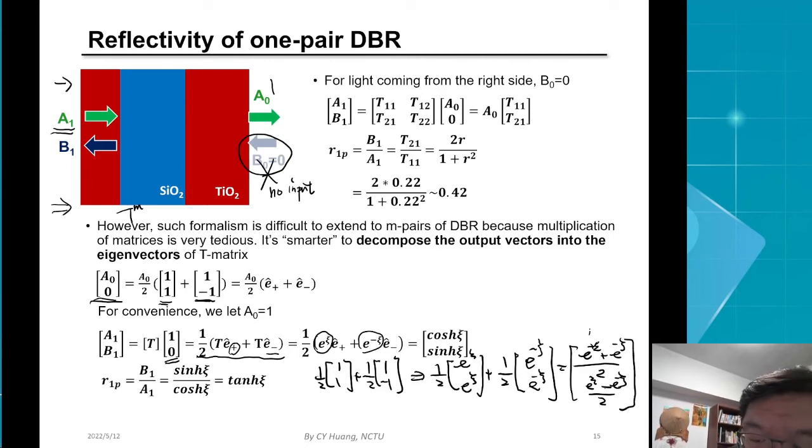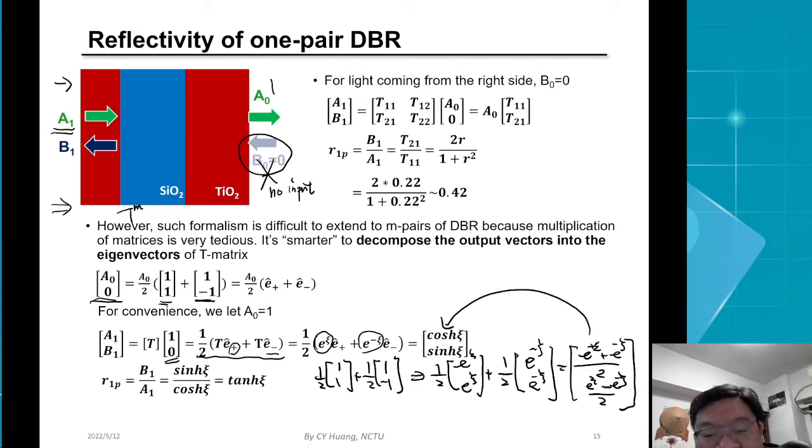Okay, so it is reduced to hypercosine c and hypersine c. So the A1, B1 here, the input is proportional to hypercosine c, and the output is proportional to the hypersine c.